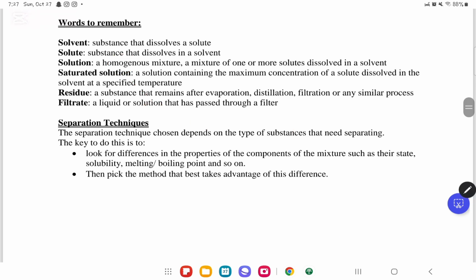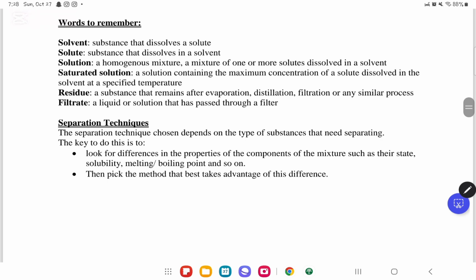Saturated solution is when you add so much solute that it does not dissolve anymore. So a solution containing the maximum concentration of a solute dissolved in the solvent at a specified temperature. Residue is the solid or the substance that remains after doing a physical process such as evaporation, distillation, filtration, or any physical process such as melting, freezing, etc. We call this residue.